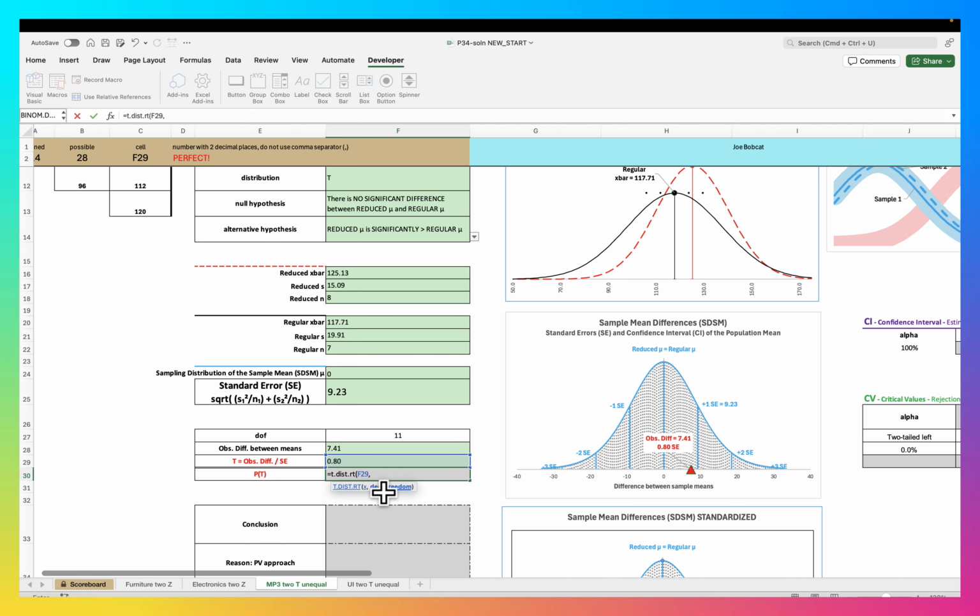But then we also have to throw in degrees of freedom, which is this number here. We're calculating this number for you, because if you double click on it, you can see it's a pretty big formula. It's interesting, the formula takes into account the samples' standard deviations and sample sizes.